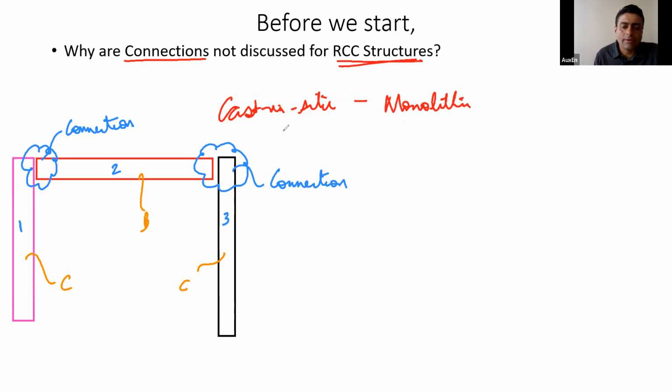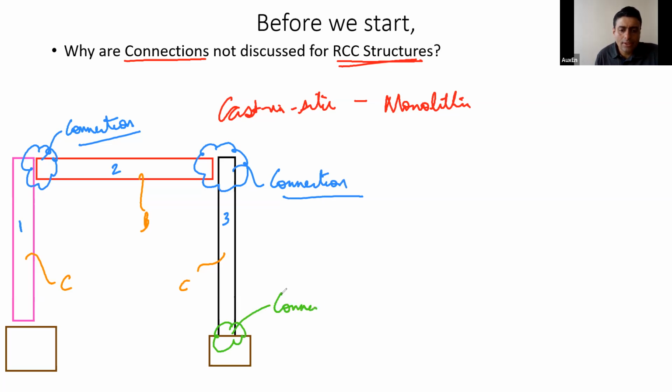Yes. So we have to join these three heterogeneous elements using connections. Similarly, if we are going to rest it on an RCC pedestal, over here also I have to provide a connection, and here also I have to provide a connection.